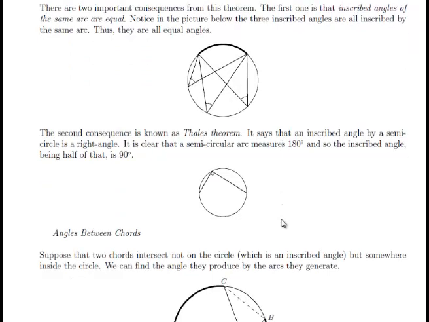Second thing, which again should hopefully be fairly obvious, is called Thales' theorem, and that is if an inscribed angle is inscribed by a semicircle, it has to be a right angle. Let me make this a little bigger to make it a little bit more obvious as to why that is.